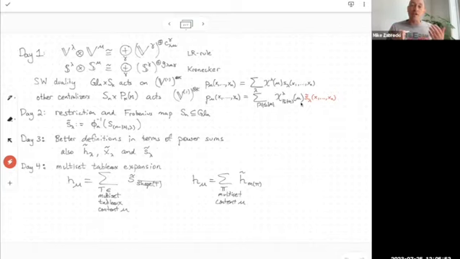Since then, there have been other centralizer pairs discovered. And in the 1990s, there was a centralizer pair of SN and the partition algebra. And this is another diagram algebra.